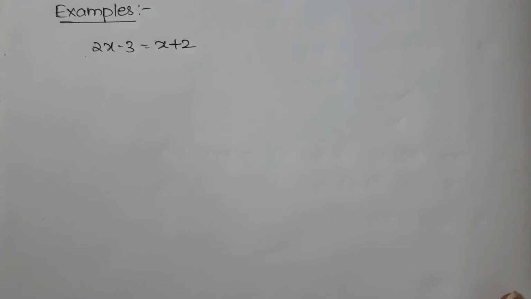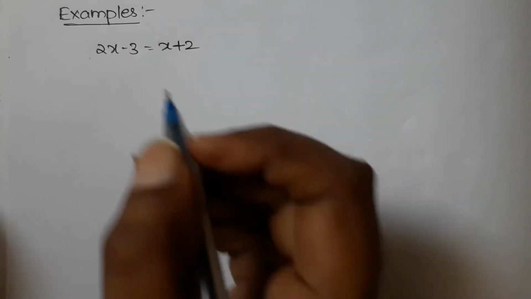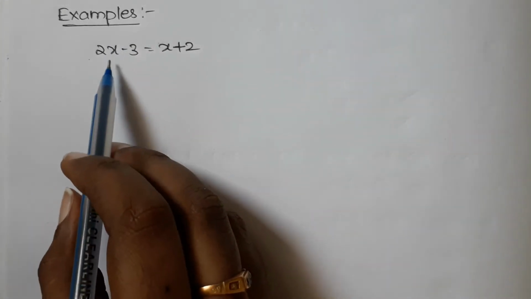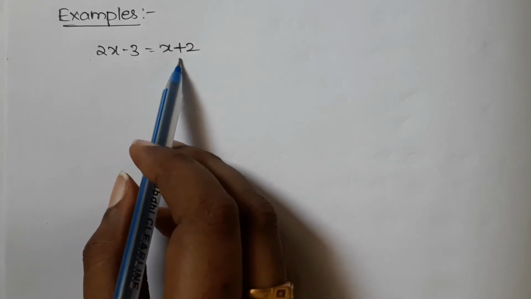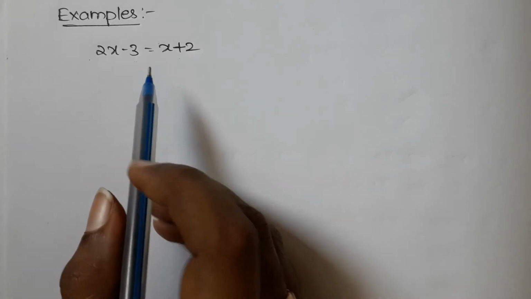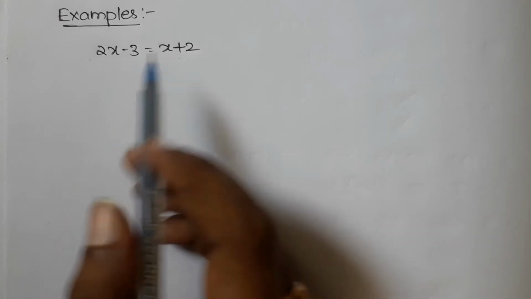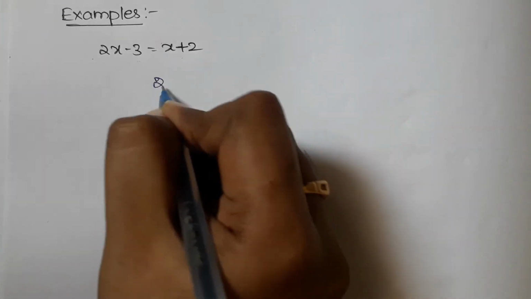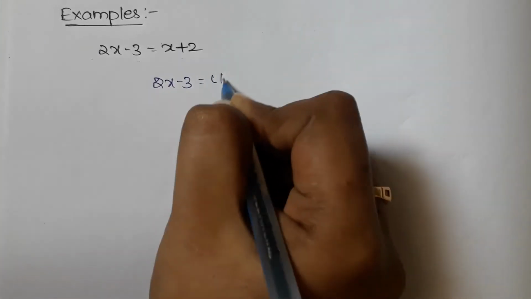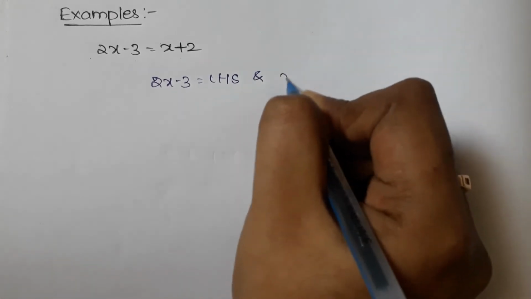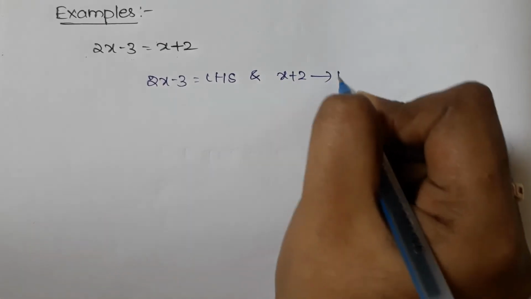Now let us solve the example problems. The first one is 2x minus 3 equals x plus 2. Here 2x minus 3 is the LHS and x plus 2 is the RHS.